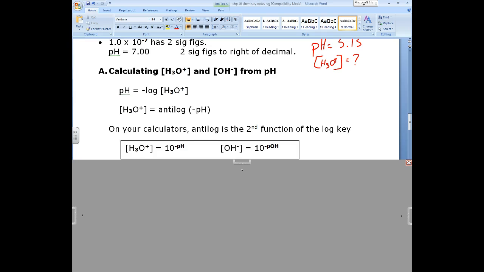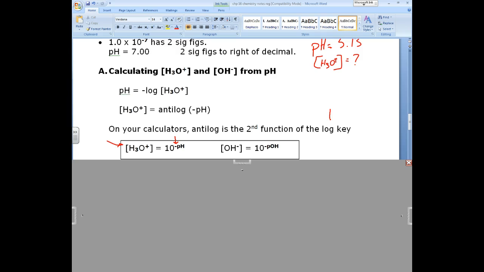So if I'm looking for hydronium ion, that means I need to use this equation, hydronium ion equals. And I'm going to type it into my calculator: second log, so I get 10 caret parentheses, minus. You do have to put that negative sign in there, so don't forget about the negative. And I'm going to put in my pH, which was 5.13.